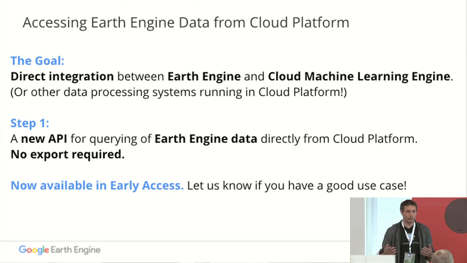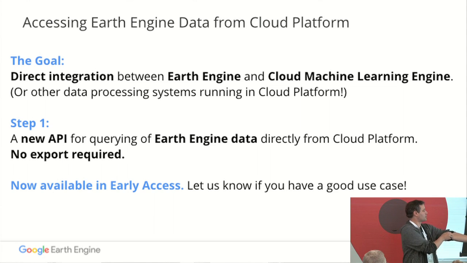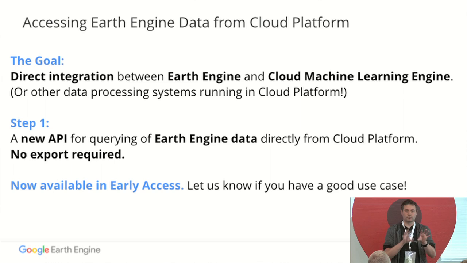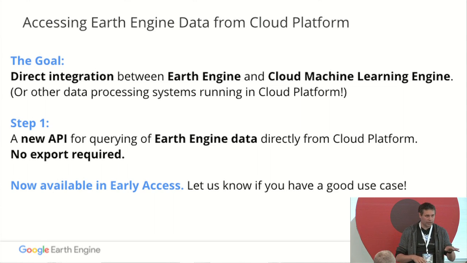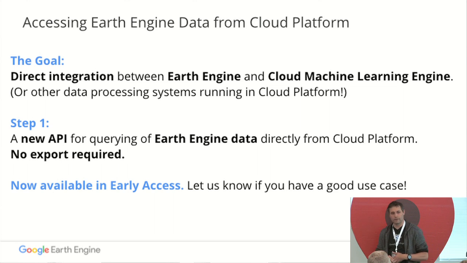So we're going back and working on that right now, starting with a new API that's currently available in early access that's specifically focused on just querying subsets of data from some earthengine asset or assets. So if you want to run a big pre-processing job, that can be entirely internal to earthengine. Then either the raw data or that pre-processed data can be queried in blocks on the fly and efficiently.